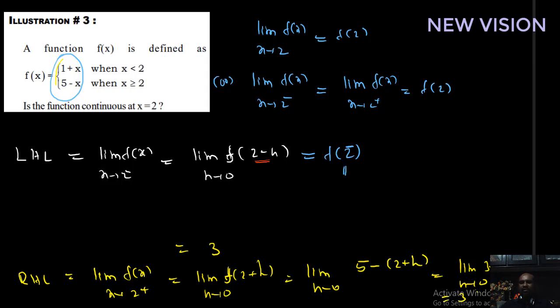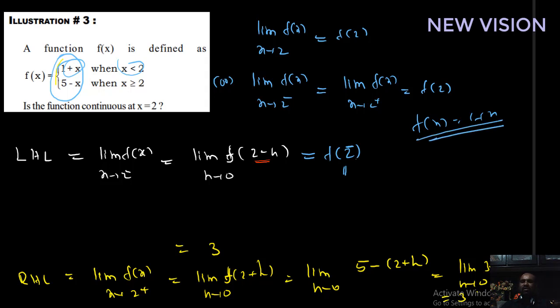Directly do one thing, students. First of all, identify the functional rule which is satisfied by the values of x which are less than 2. Here two rules are there, f of x is 1 plus x, another is 5 minus x, but my x is 2 minus, so this rule, f of x becomes 1 plus x. So to find f of 2 minus, first identify the functional rule.